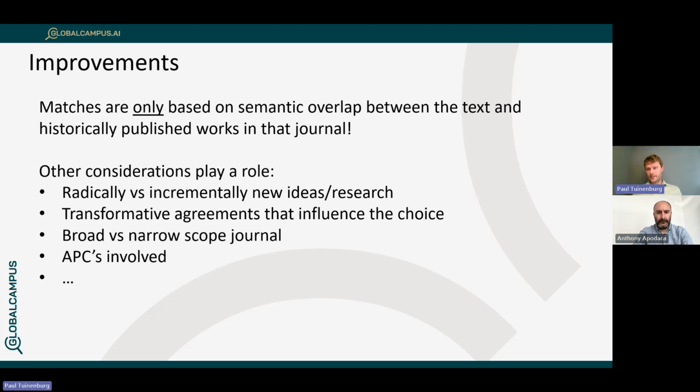Is it a nice suggestion to authors, like, have you considered these other titles that could also be a good fit? Or is the aim to have the perfect prediction model, to almost guarantee that someone will get published if they choose the recommended journal, which is obviously much harder than giving a list of options.